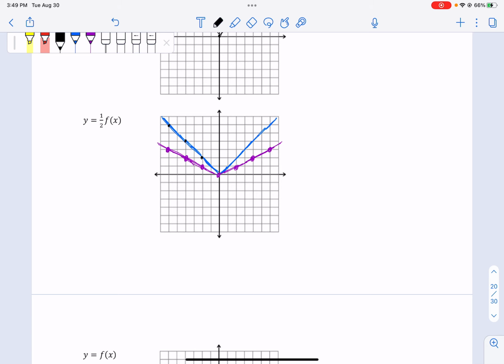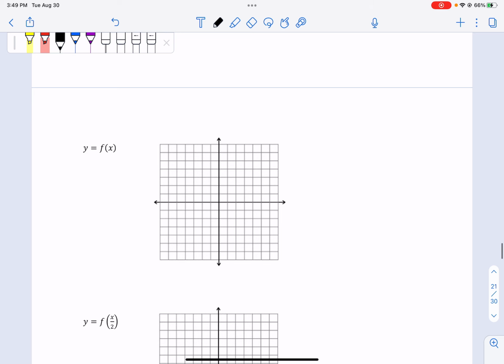Now, I'm just going to write this over here. We have y is equal to a times f of x over b. Whatever number is here, we multiply, but because this time it's in the function, we multiply by the x value. So once again, let's do y is equal to f of x, looks something like this.